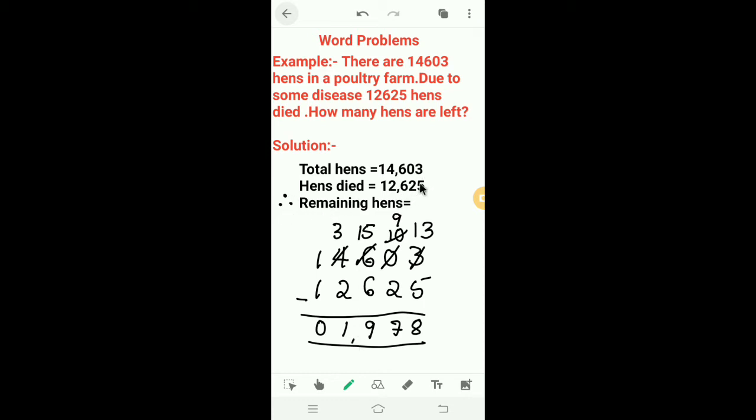Therefore, remaining hens is equal to 1,978. Thus, 1,978 hens were left.